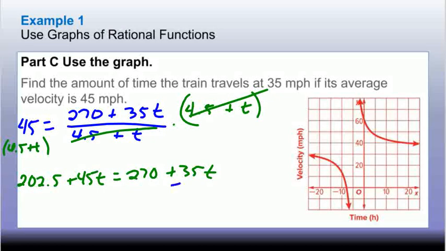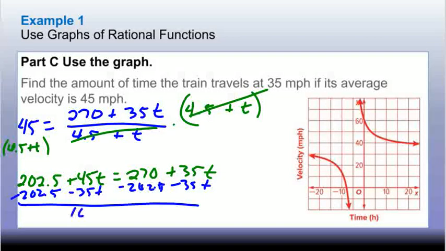Get the t's to one side, so I'm going to subtract 35t on both sides and then subtract 202.5. I now have 10t equals 67.5. Get t by itself by dividing by 10.